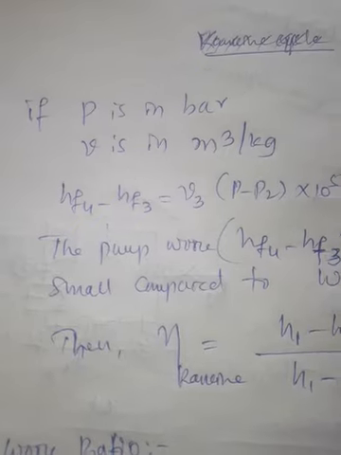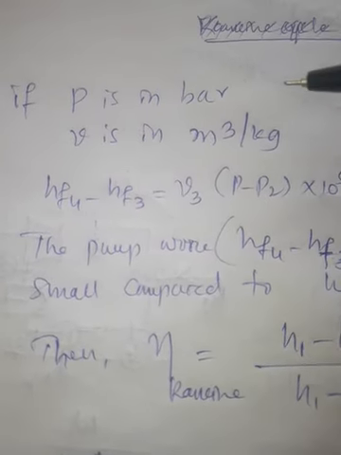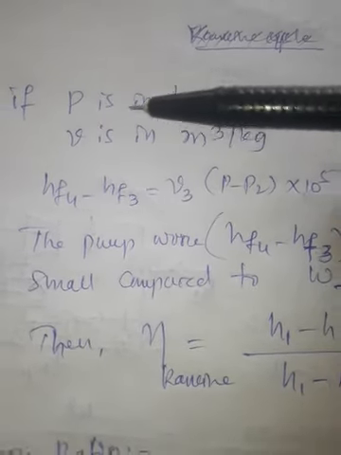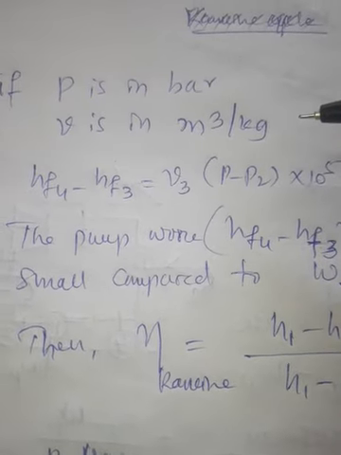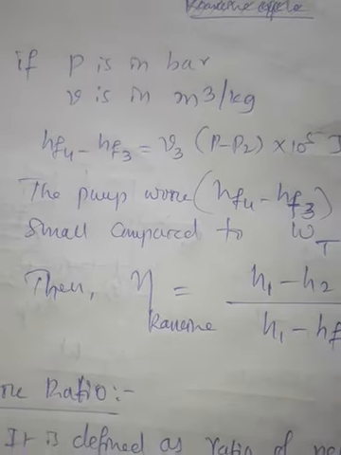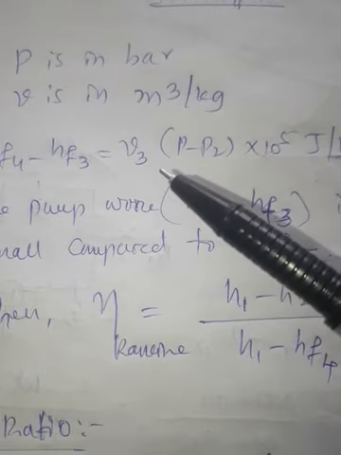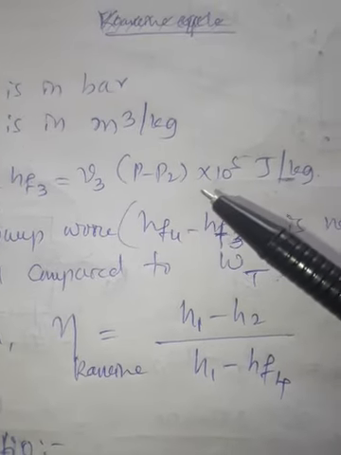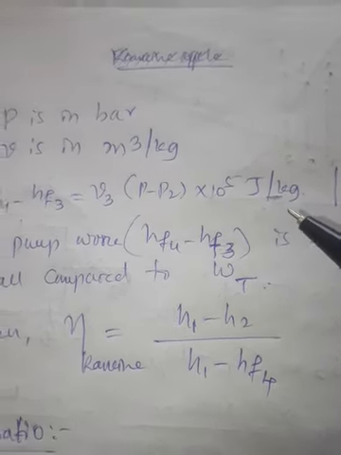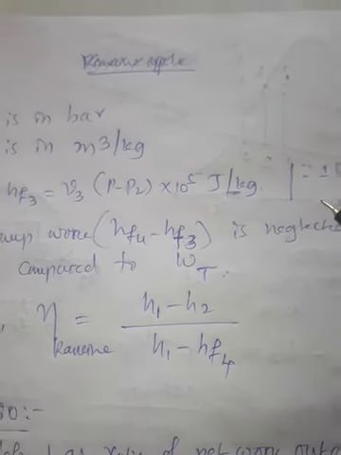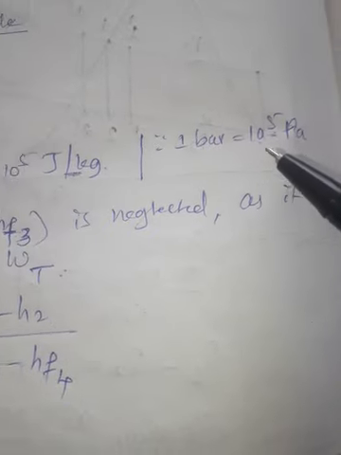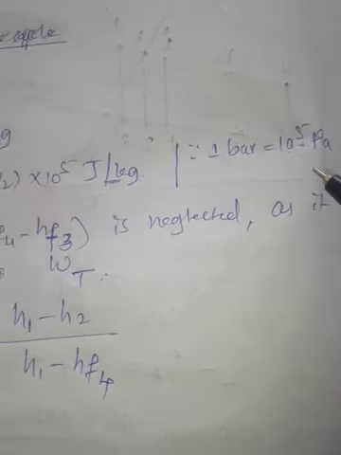Students, if pressure value is in bar and specific volume is in meter cube per kg, then the above equation can be written as HF4 minus HF3 is equal to V3 into P1 minus P2 into 10 to the power of 5 joules per kg, because 1 bar is equal to 10 to the power of 5 Pascal. That is the conversion.